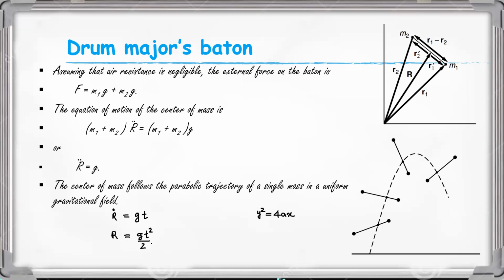So it is a similar one we obtain, so it represents a parabola. So we can say that the center of mass follows the parabolic trajectory as a single mass moving in a uniform gravitational field.